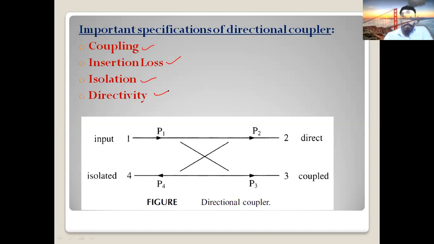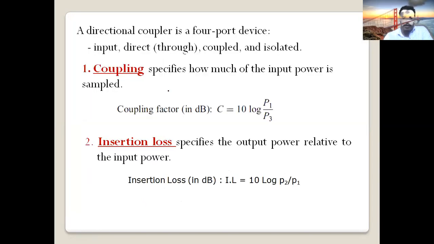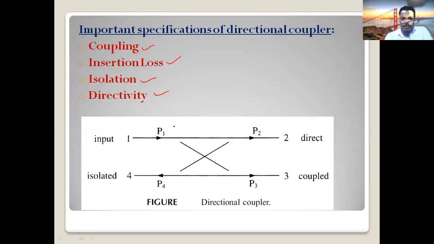Okay, so coupling C is given by this formula. It is 10 log of P1 divided by P3. P1 is the input power, P3 is the coupled power in the correct direction.